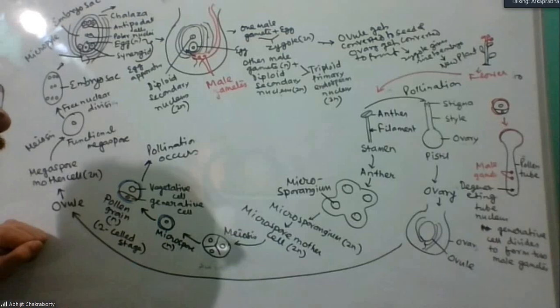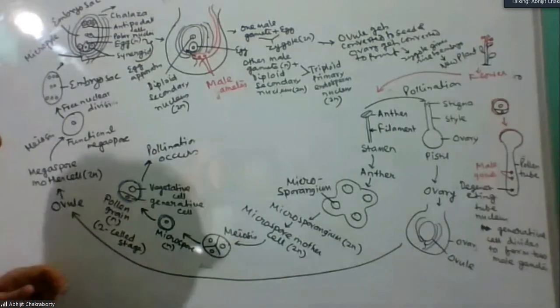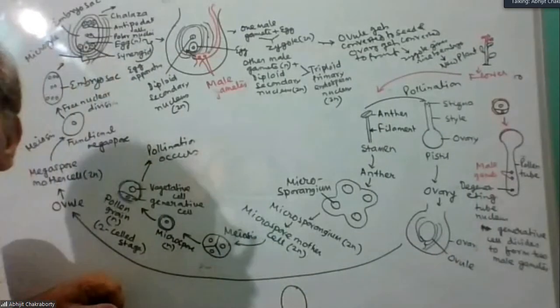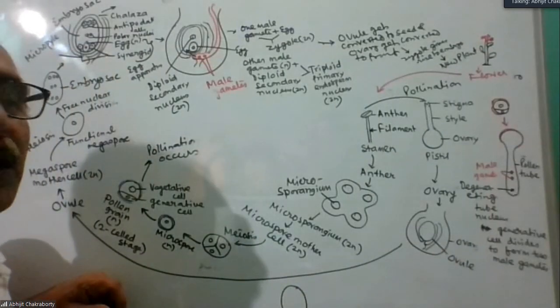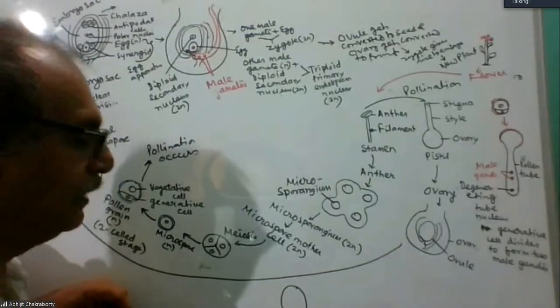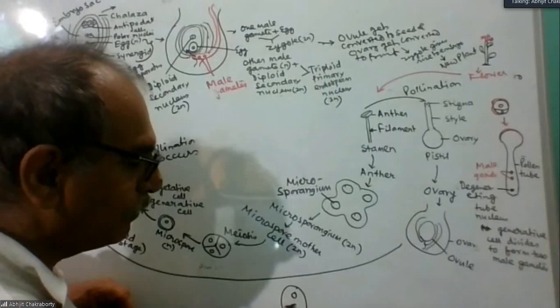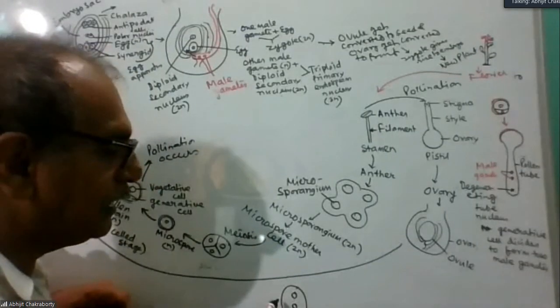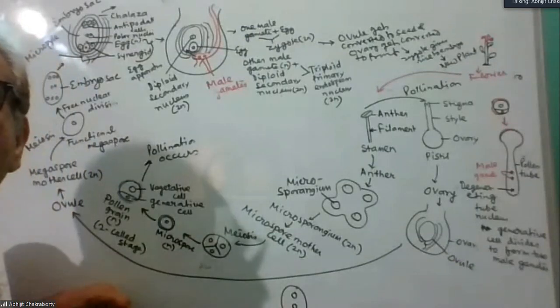Free nuclear division means the number of cells remains the same. Karyokinesis is not followed by cytokinesis. Suppose two nuclei are formed in karyokinesis. If cytokinesis doesn't occur, then it will be a binuclear cell.